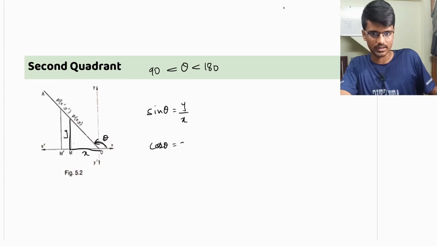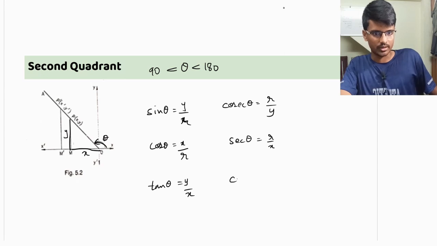Sine theta is y by r, cos theta is x by r, tan theta is equal to y by x, cosec theta is equal to r by y, sec theta is equal to r by x, and cot theta is equal to x by y.